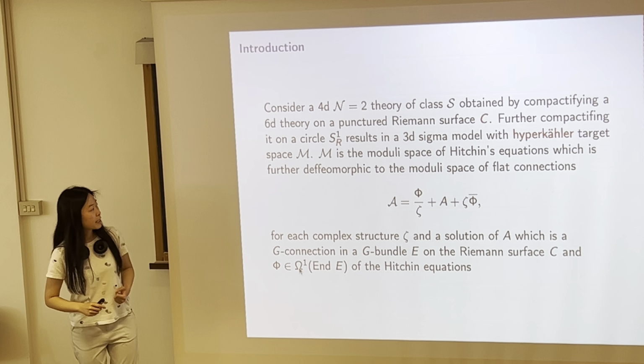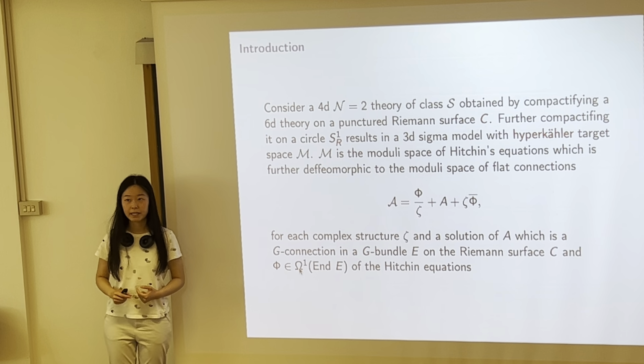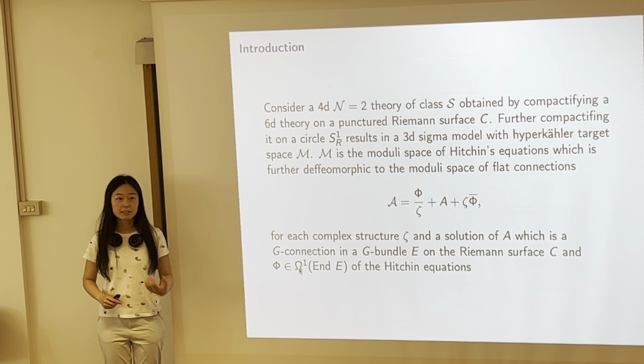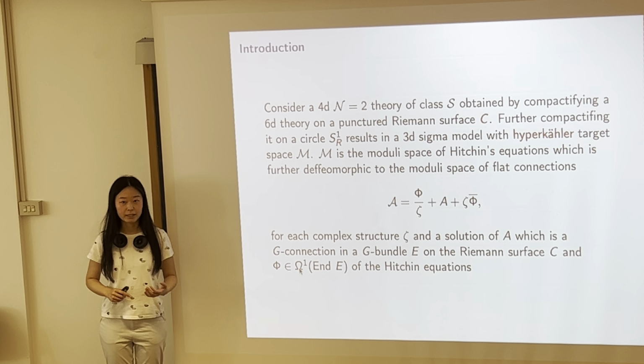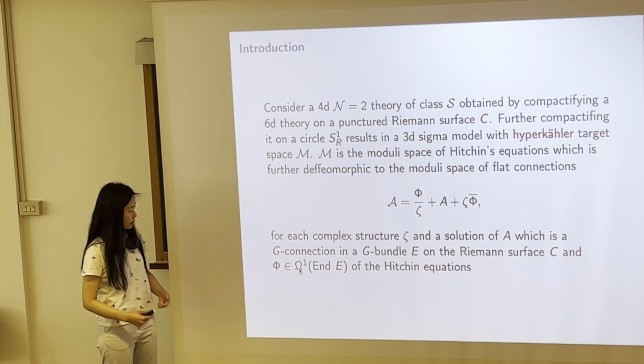And actually, this hyperkähler moduli space for the 3D theory is also identified with another interesting moduli space of the Hitchin's equations, and from there, we can get a flat connection directly in the setup as follows.